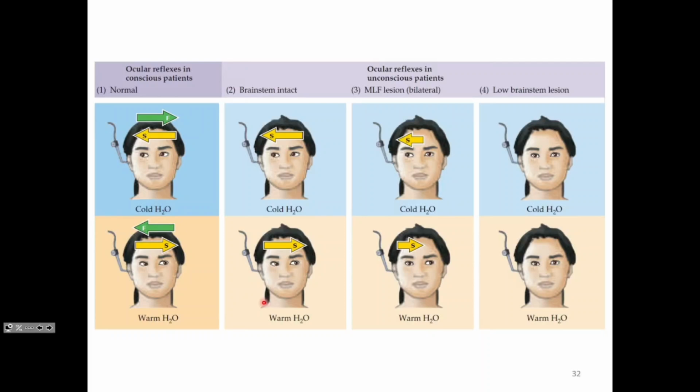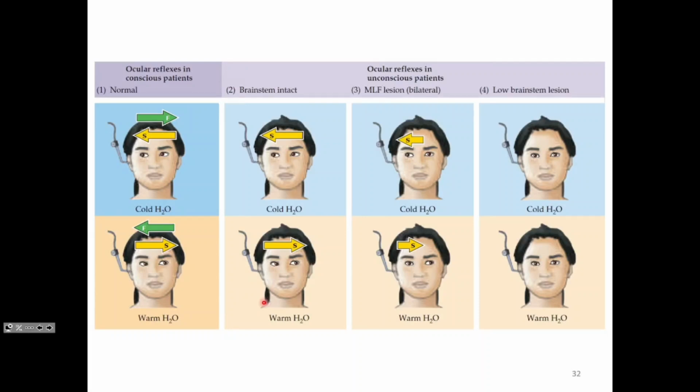So the eye on this side is not moving, the other side eye has moved out because the connection of the vestibular nuclei with the opposite abducent nucleus is working. So there will be slow phase, but only this eye is going to move, this will not.